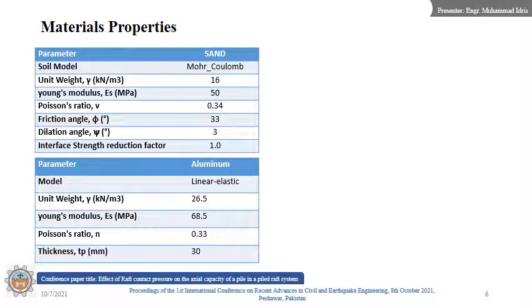And the raft material was an aluminium plate, having a linear elastic model with a unit weight of 26.5 kN per meter cube, a Young's modulus of 68.5 megapascal, a Poisson ratio of 0.33, and the thickness of the plate was 30 mm.